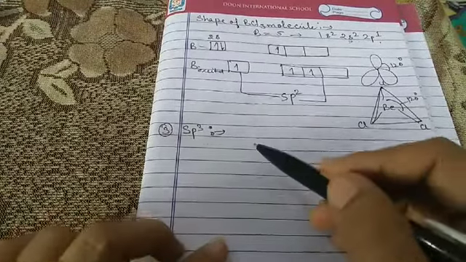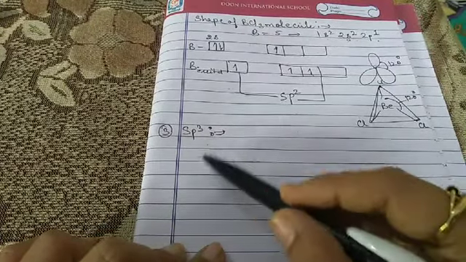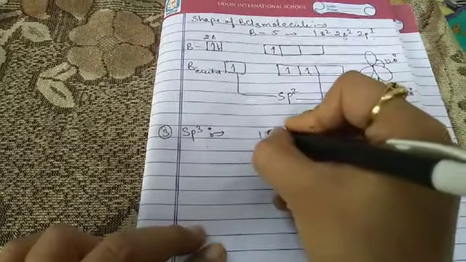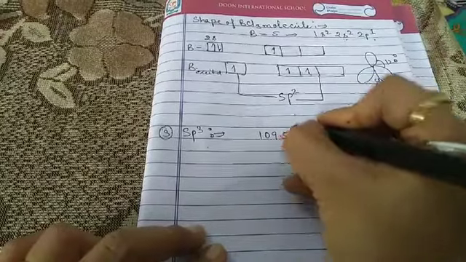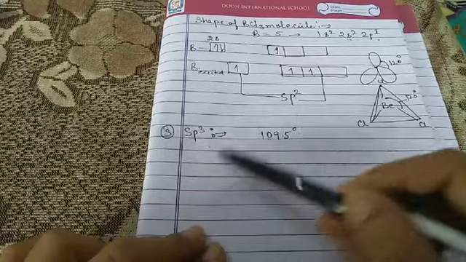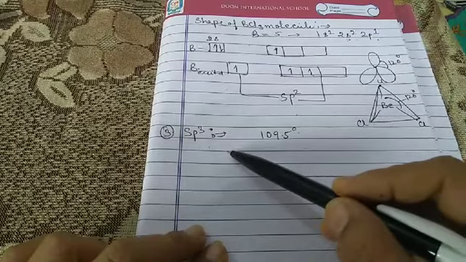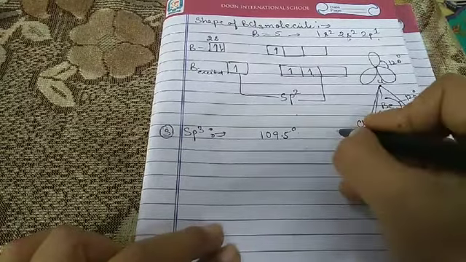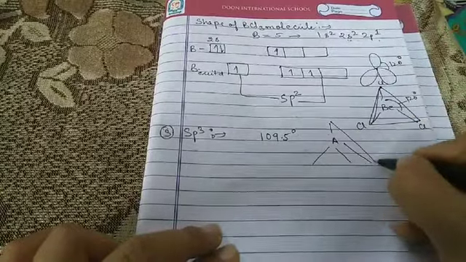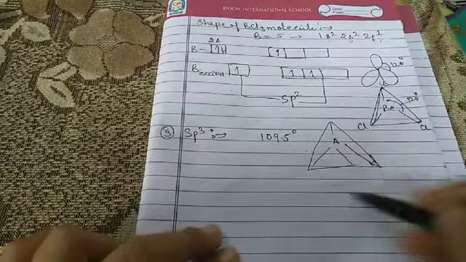And the angle between the sp3 hybrid orbitals is 109.5 degree. This is the angle, and as we have already discussed, it shows a tetrahedron structure. Here the geometry is tetrahedral.